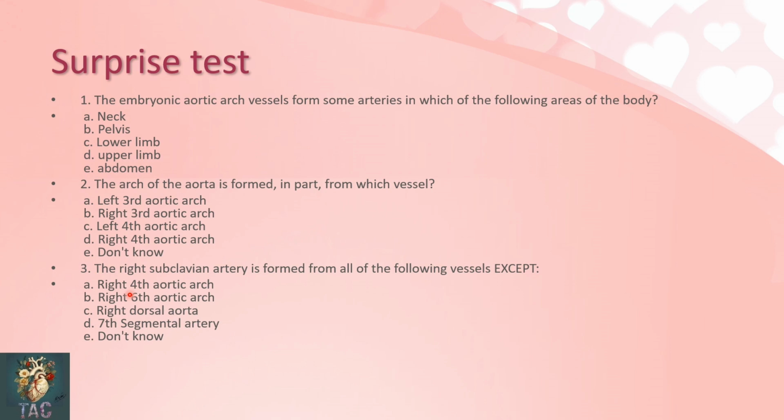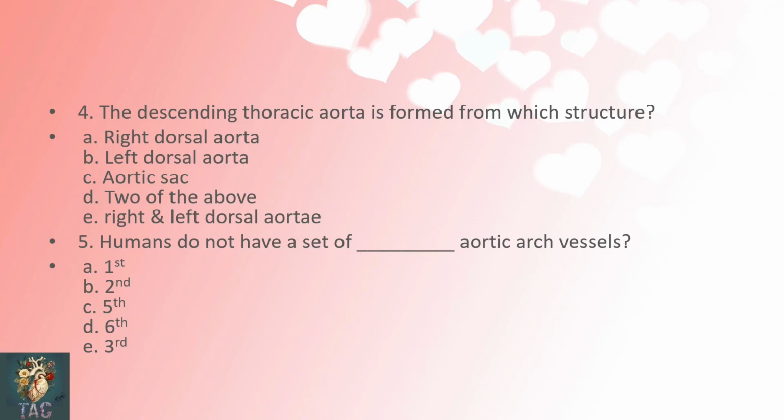The right subclavian artery, look at this, this is the right one, is formed from all of the following except: the right fourth aortic arch, right 6th aortic arch, right dorsal aorta, and 7th intersegmental, or you don't know. Then the descending thoracic aorta is formed from which structure?